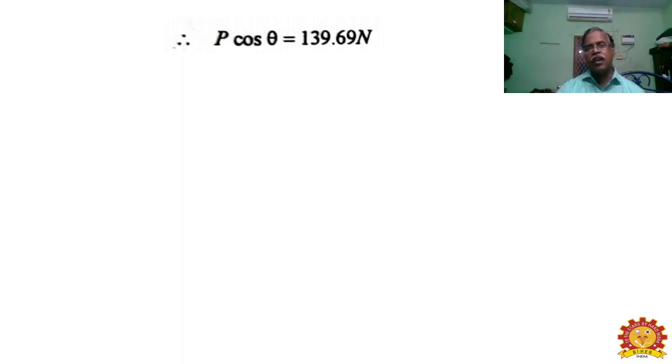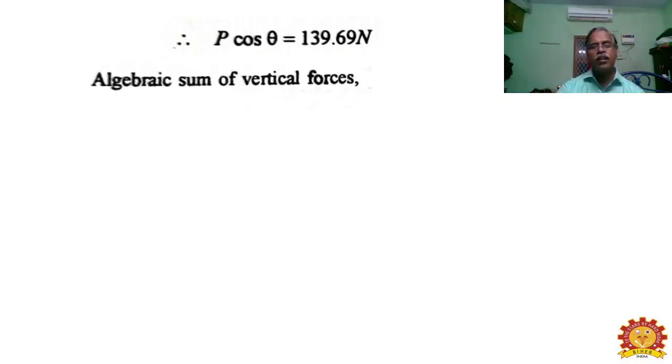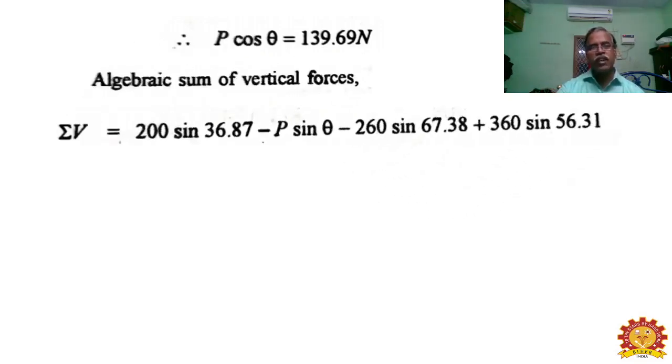Right. Now here angle theta as well as P is unknown. Now we can go for sigma V. Resolving the vertical forces, very easily we can get one more equation here. Here also P sin theta will be an unknown value. So you will get P sin theta is equal to 699.53, because all the other values are known very clearly.